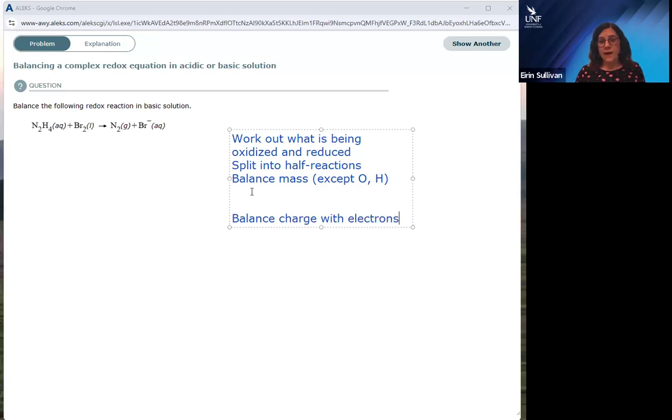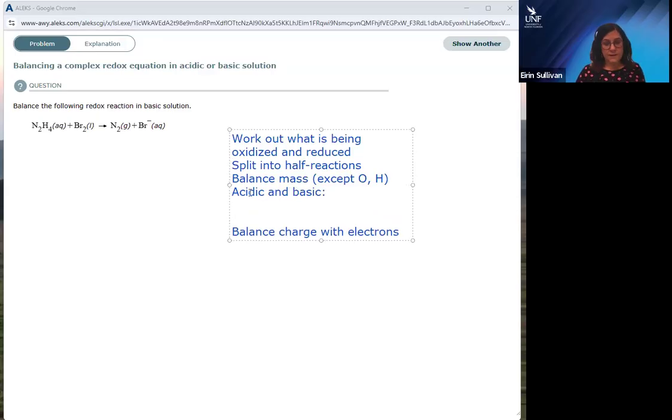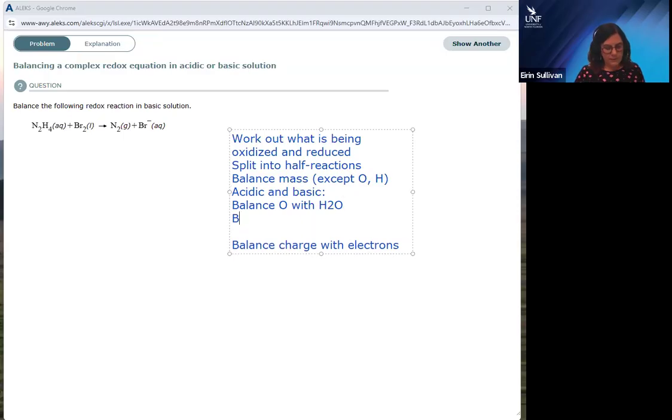But before we do that, if we're in acidic solution, there are a few extra steps we're going to take, and we'll do the same steps for basic as well. If there's any oxygen, we balance oxygen by adding water. That creates a problem because we may be adding hydrogen that wasn't there before, so we balance hydrogen by adding H+.